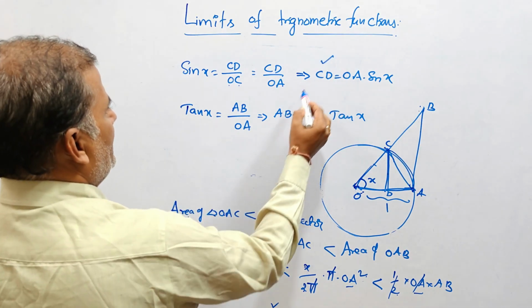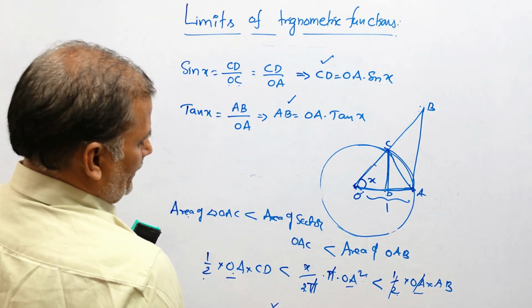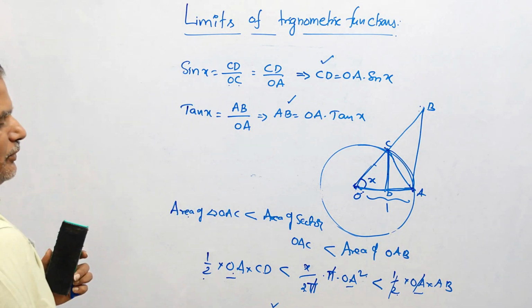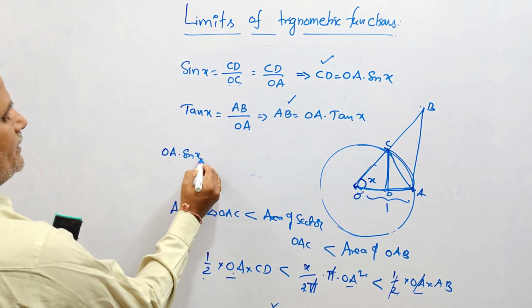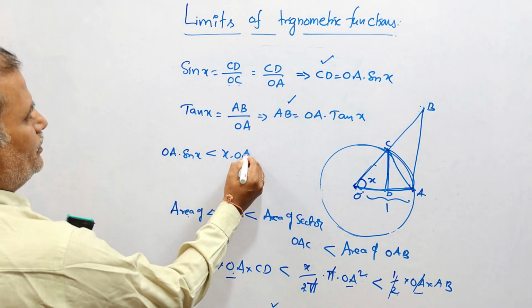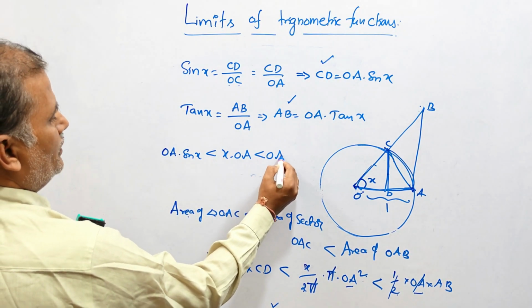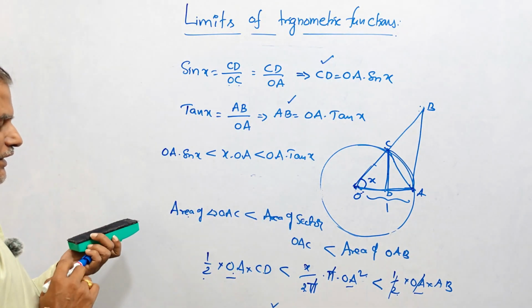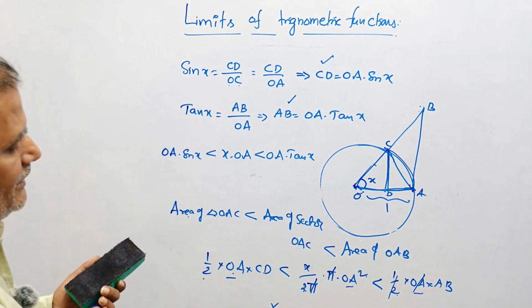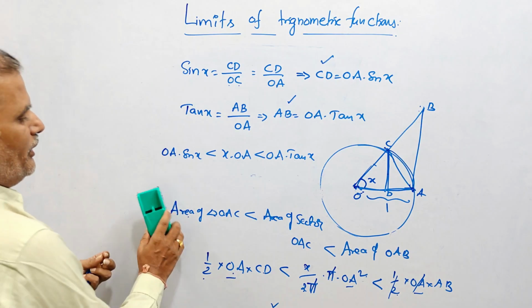Now we have found CD and AB, and substitute here. In the place of CD, we write OA into sin x less than x into OA less than OA into tan x. Now we know that the condition is 0 less than x less than pi by 2.